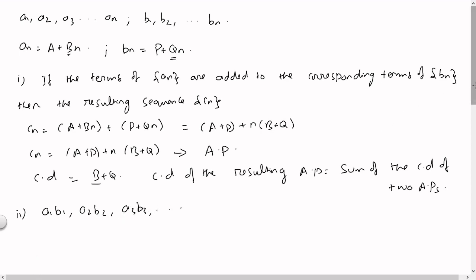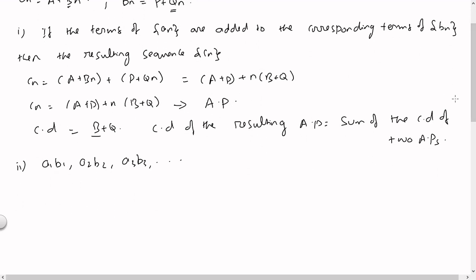Actually, we don't have to do much simplification. We can say directly that they won't be in arithmetic progression, for the simple reason that the nth term of this sequence, Cn, which will be equal to An into Bn, is the product of the nth terms of each of the arithmetic progressions.